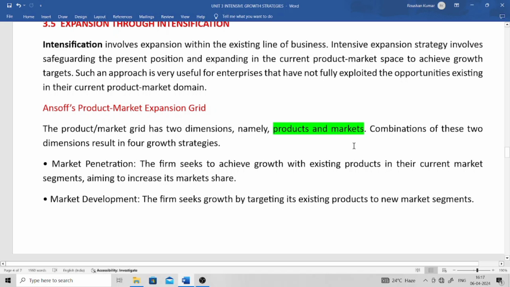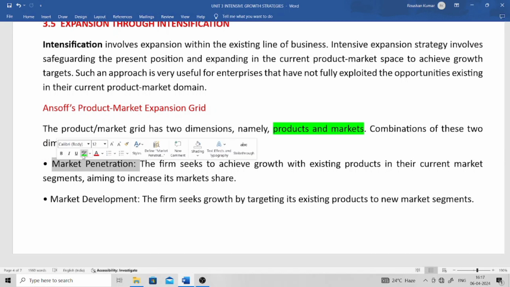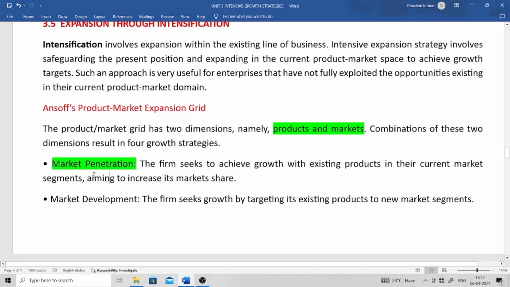The first strategy that is given is market penetration. So what happens in there? The firm seeks to achieve growth with existing products in their current market segments, aiming to increase its market share. The simple thing is that the aim is to increase the market share with these existing products in the current market segments.